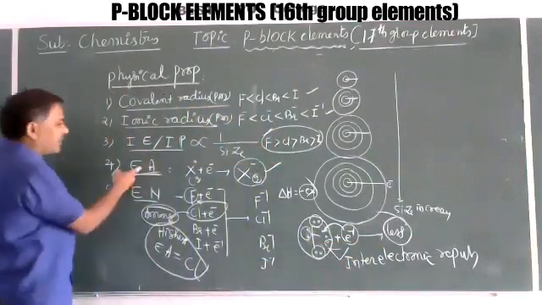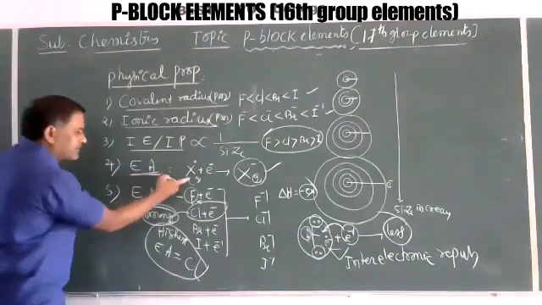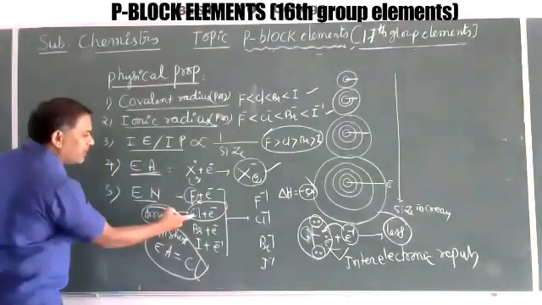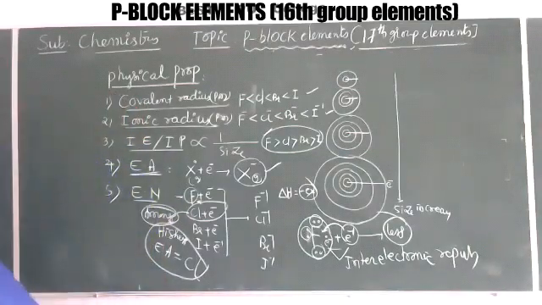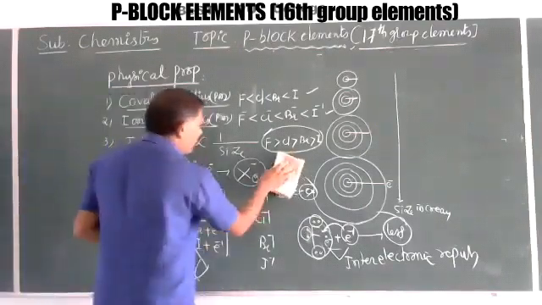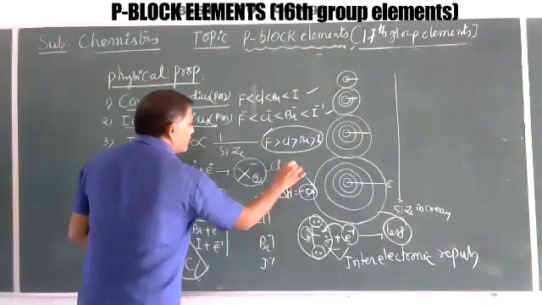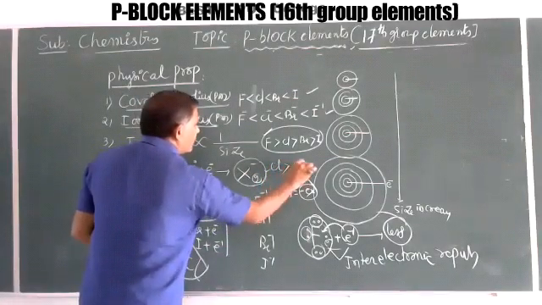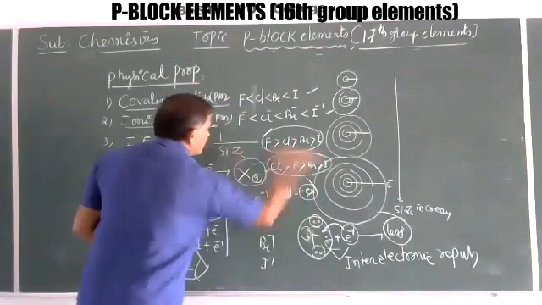That's why the electron gain enthalpy of fluorine is less than that of chlorine. That's why chlorine has the highest electron gain enthalpy. The order is: Cl is greater than fluorine, greater than bromine, greater than iodine.